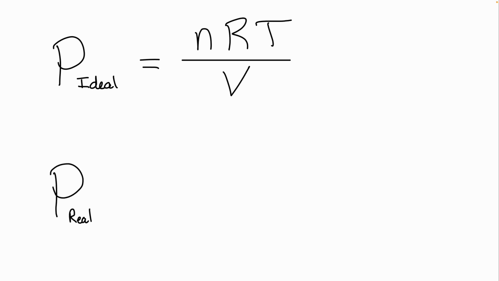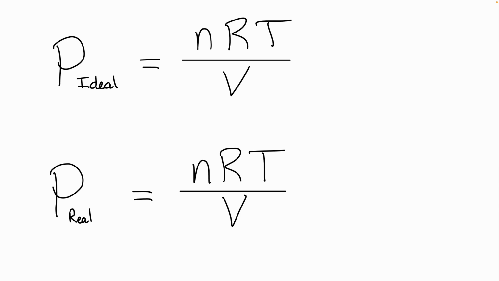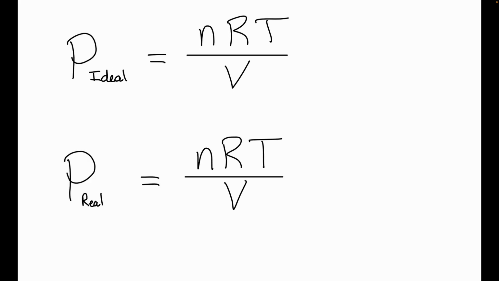All right, our real pressure here, that nRT over V. And now again, we're going to add on this little fudge factor here. And this is going to account for those intermolecular interactions.